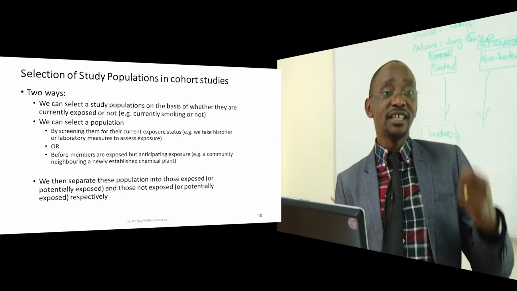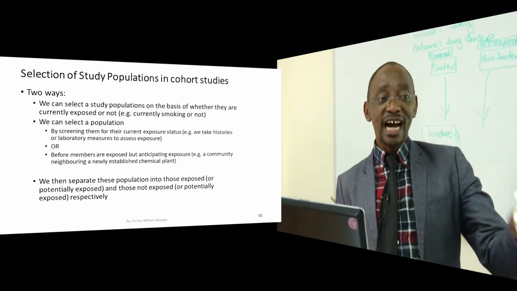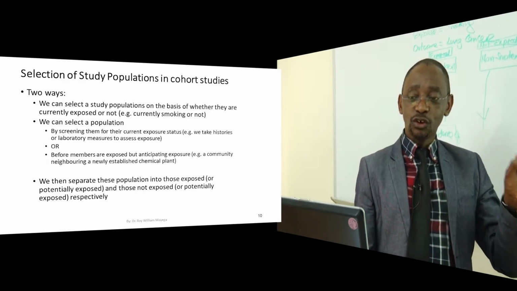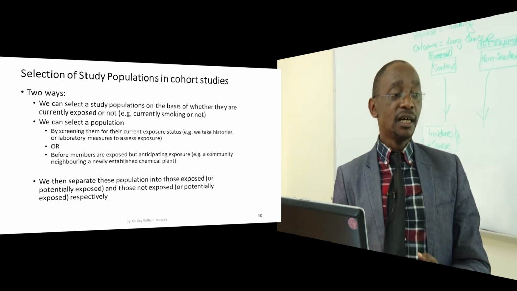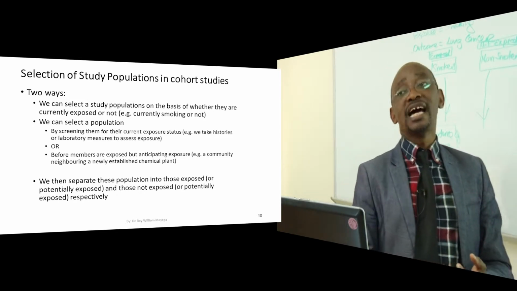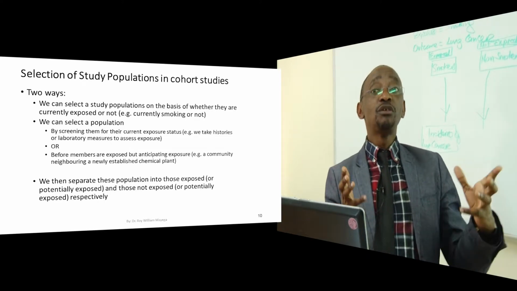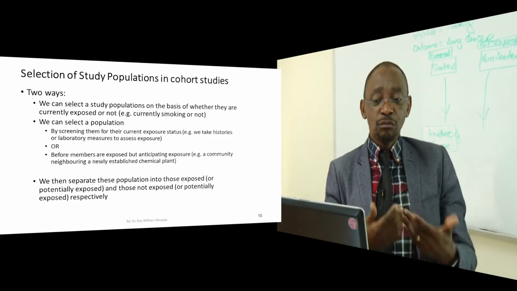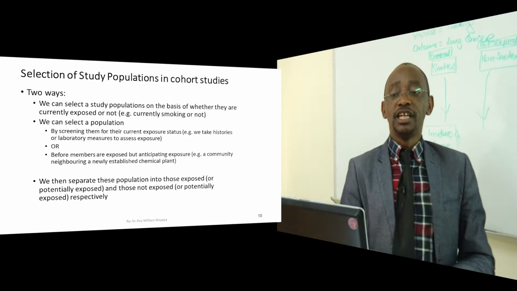If I know someone is going to be exposed in the near future, I can select them in advance because I know for sure that they are going to be exposed. For instance, if they are planning to set up a chemical plant in a neighborhood, I could select a population even before they set up the chemical plant, so that by the time they establish the plant, that's when the exposure starts. I've already selected this population.